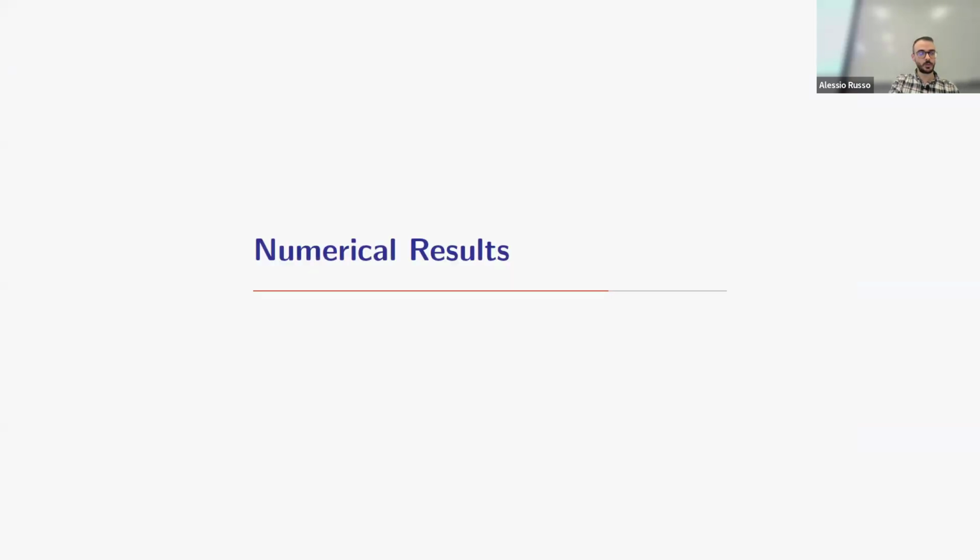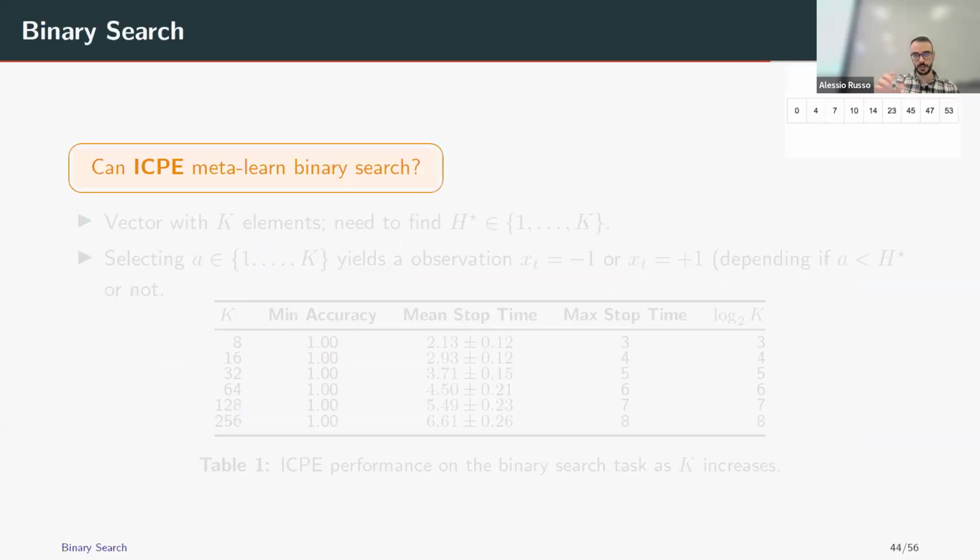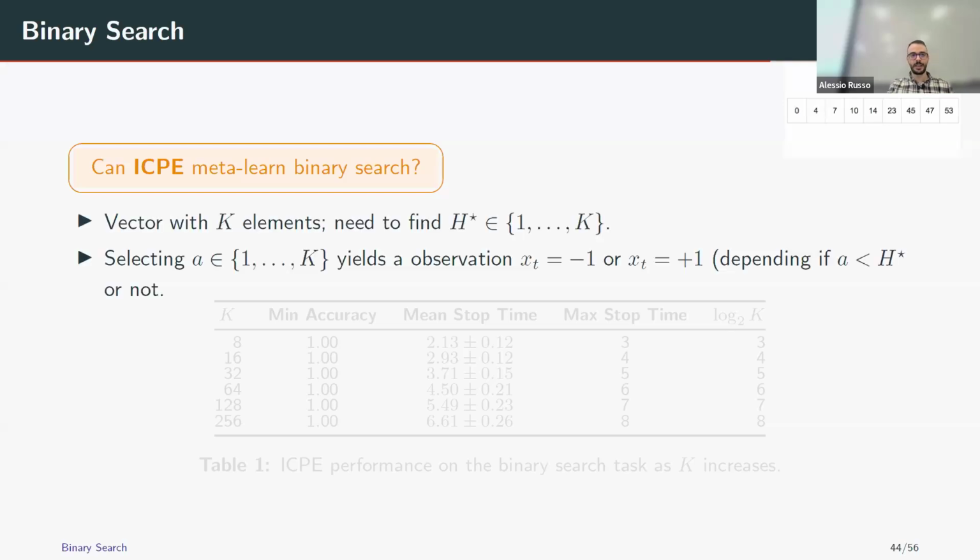So some numerical results. We saw already some examples with the binary digits at the beginning. We're gonna look at that again. So the first example is, can ICP learn how to do binary search? So this is the case where you have a vector of elements. These elements are sorted from small to big or the opposite.